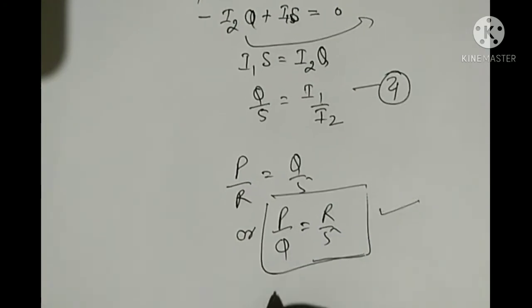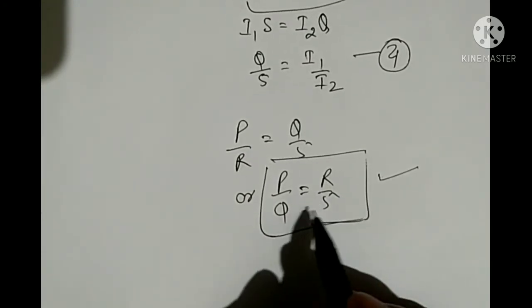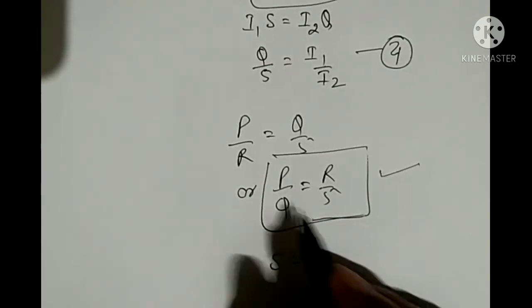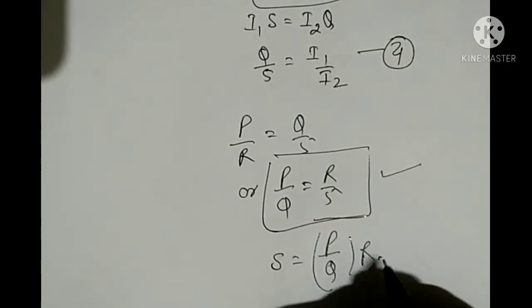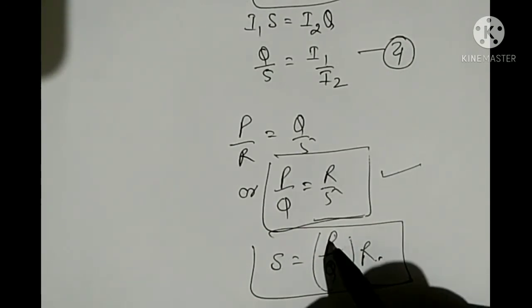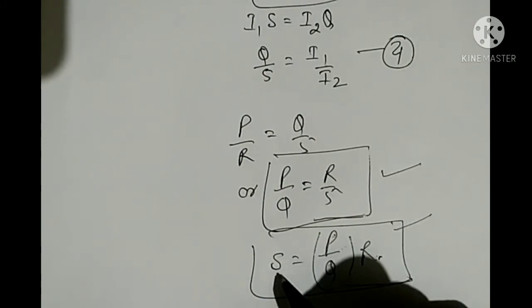Hence the equation for the Wheatstone bridge is proved. Now if we want to find the unknown resistance S, we can write S is equal to Q over P multiplied by R. By knowing the values of P, Q and R, we are able to find out the unknown resistance S.